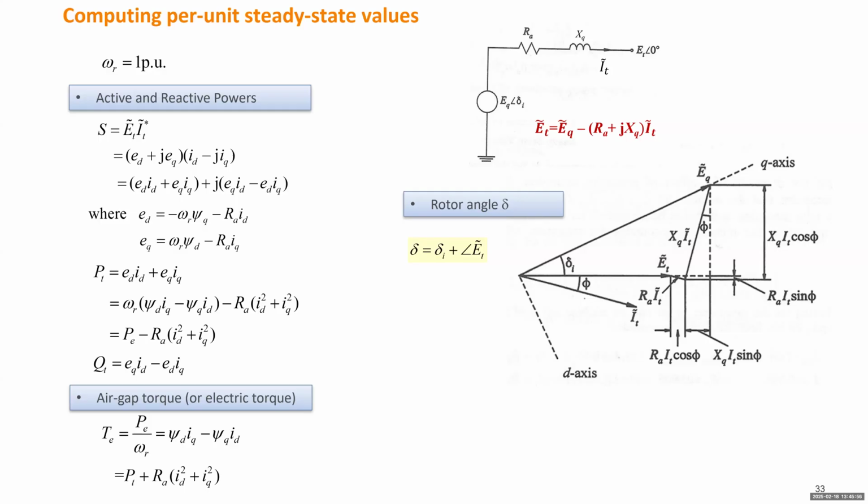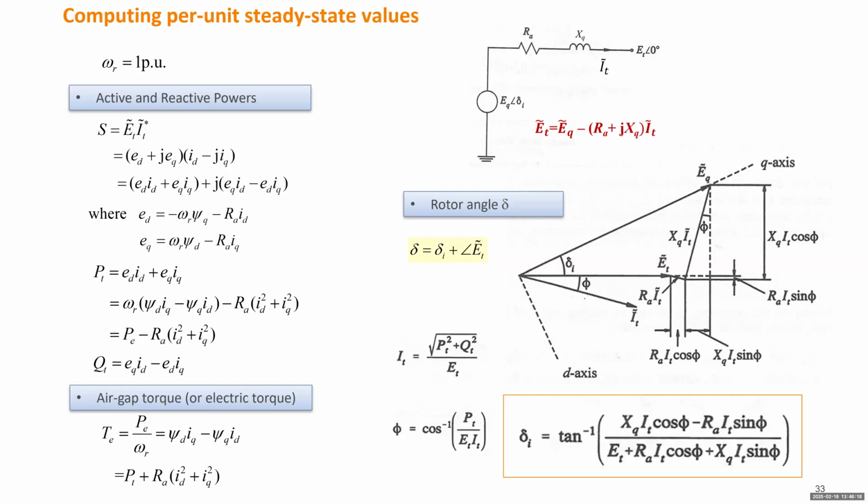All right. So the next question is how to solve for this delta I. If we solve delta I and add the angle of the terminal, we'll know the rotor angle. So it is very important to calculate this delta I. From ECE 421, we already proved the equation to calculate delta I, but now we can just quickly do that.